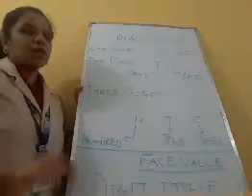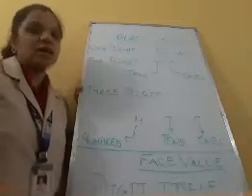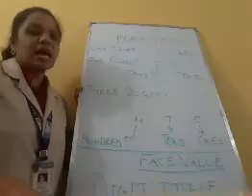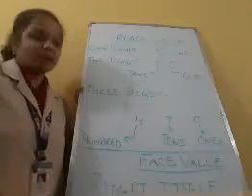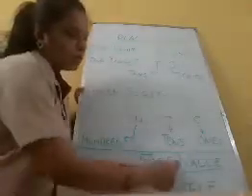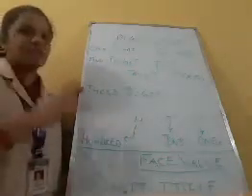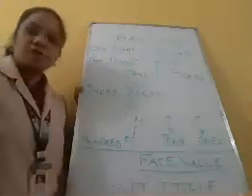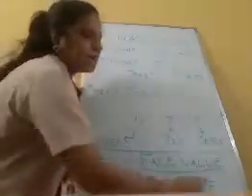And I told you the place value means position of digit in a number. This line I will explain through exercises. Now, the one new topic for you is face value. F-A-C-E, face value. What is the meaning of face value? The face value means digit itself.